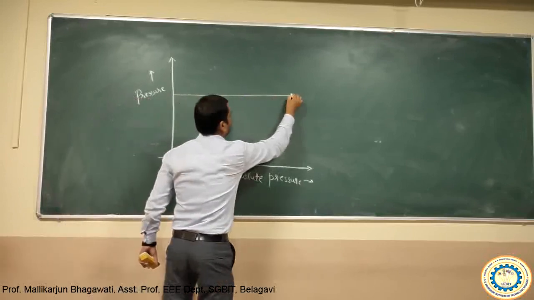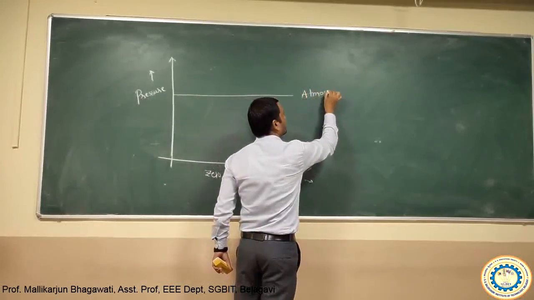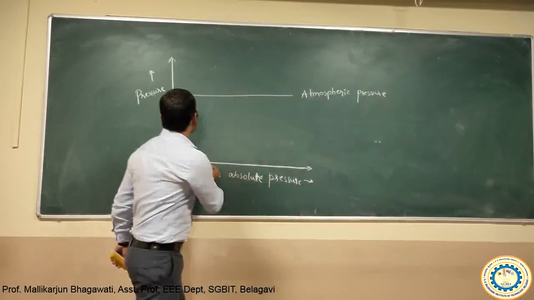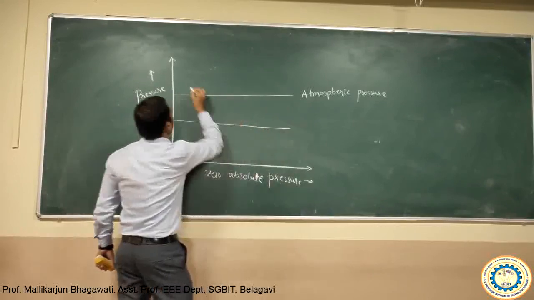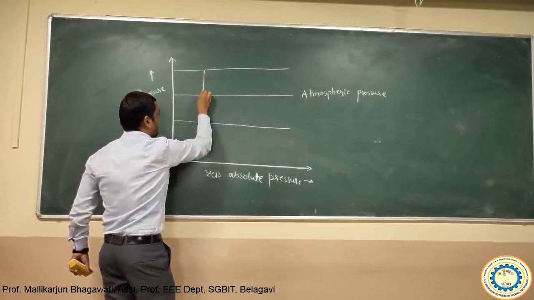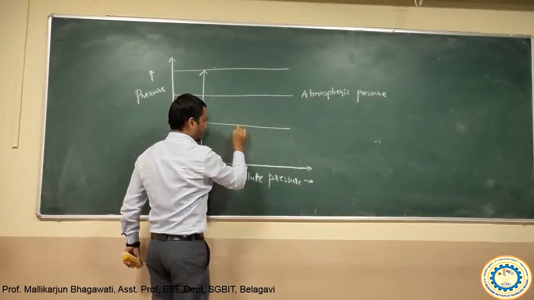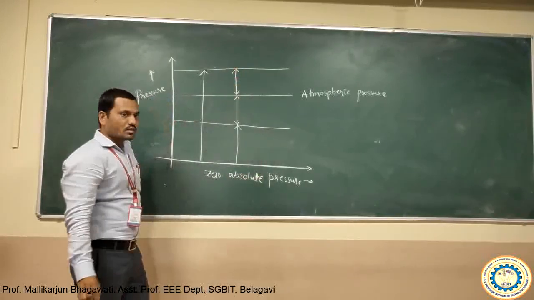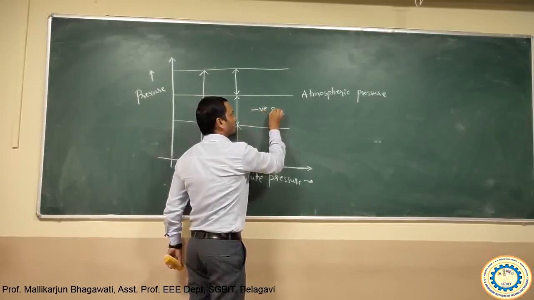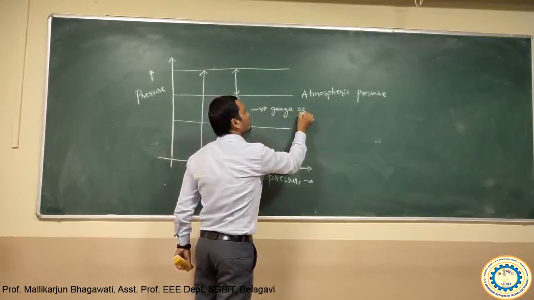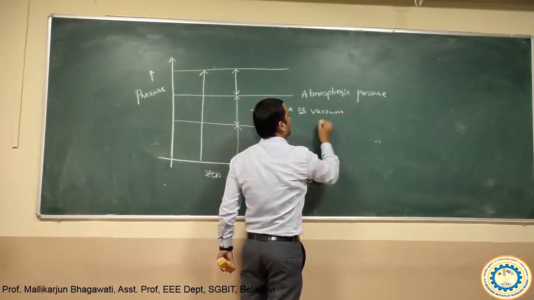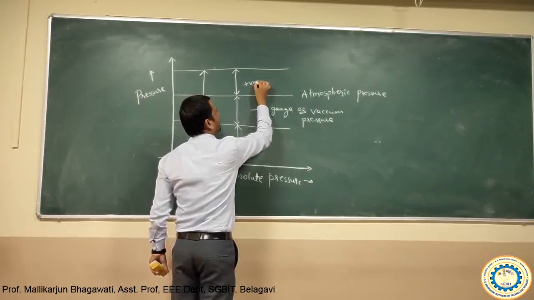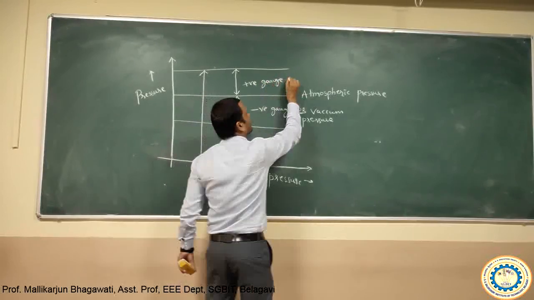Here we have the atmospheric pressure line. This region we call negative gauge pressure or vacuum pressure. This region we call positive gauge pressure.